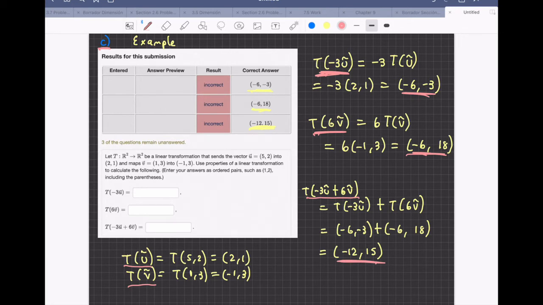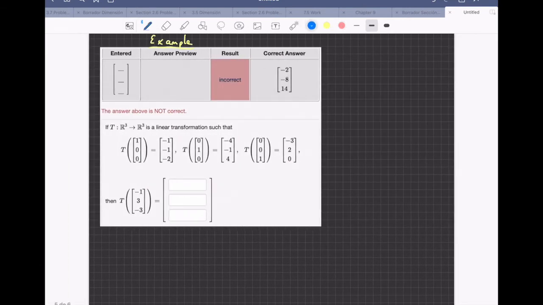Very well. Other example. This is directly also from Wegborg. So we have now a linear transformation from R3 up to R3, such that, notice again, we don't have the formula for the transformation, but we do have some elements here.